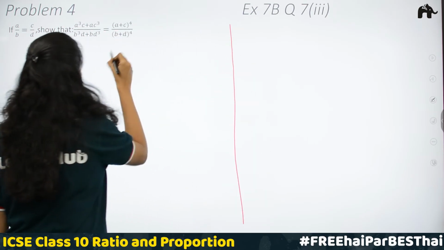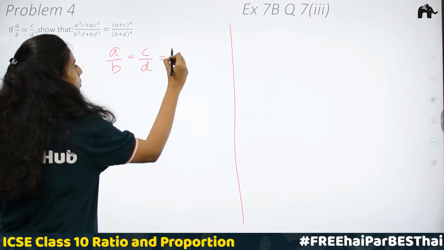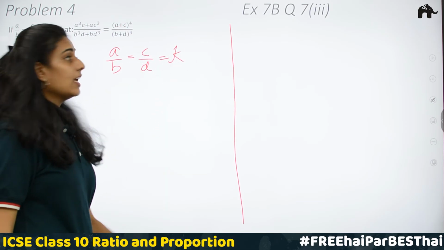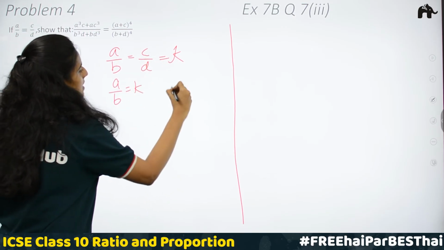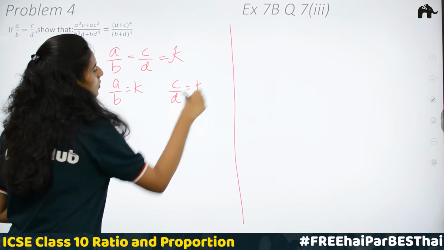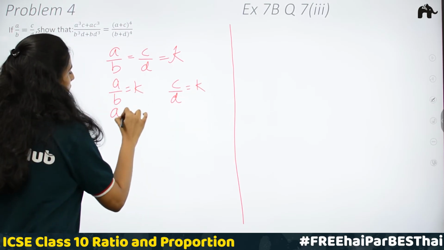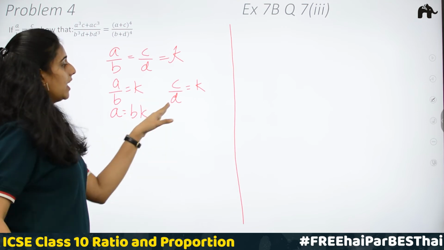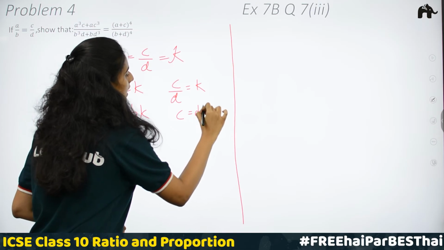We have A by B is equal to C by D. This is equal to K. We can take A by B is equal to K and C by D is equal to K. A by B is equal to K means A is equal to BK. C by D is equal to K means C is equal to DK.